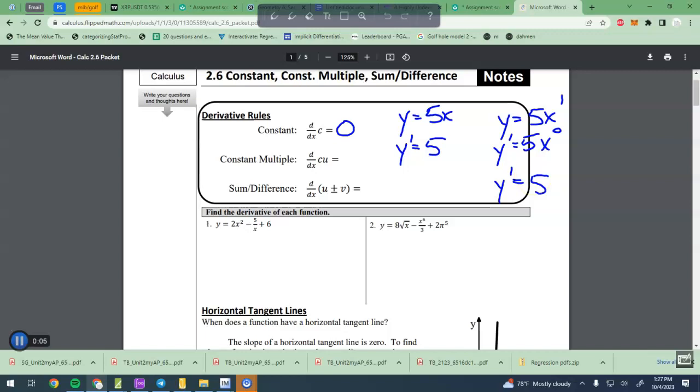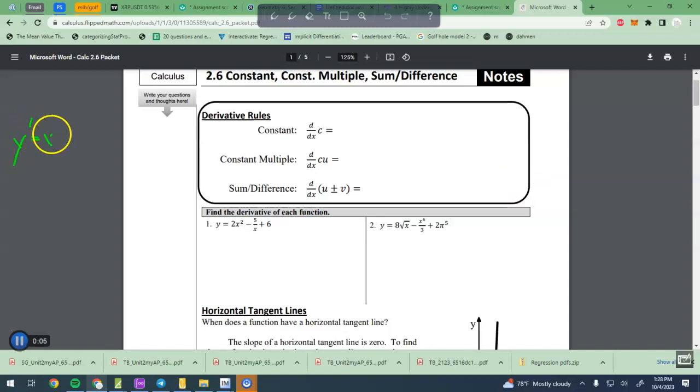So the derivative of a constant times u would be the constant. And then some difference, I'm not even going to write it out because no one really thinks about it the way it's written there. All it means is, we just did one of them before, actually. So I gave you that, right?